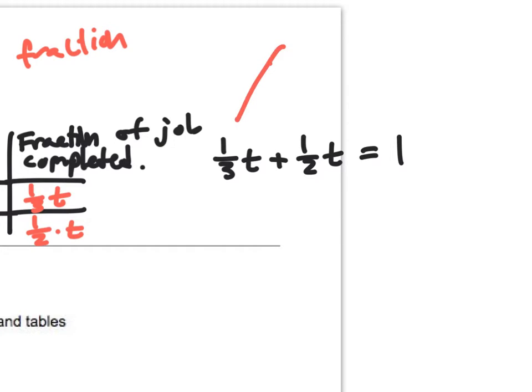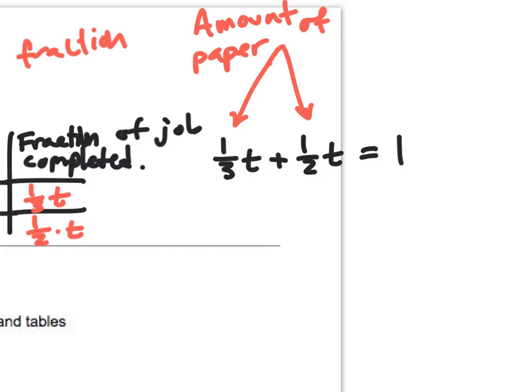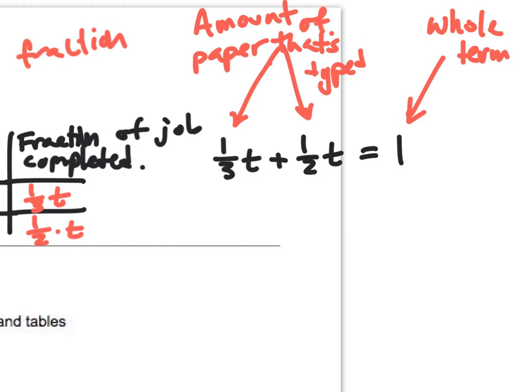These two portions right here is the amount of paper that's typed. And this is the whole term paper. That's what those mean.